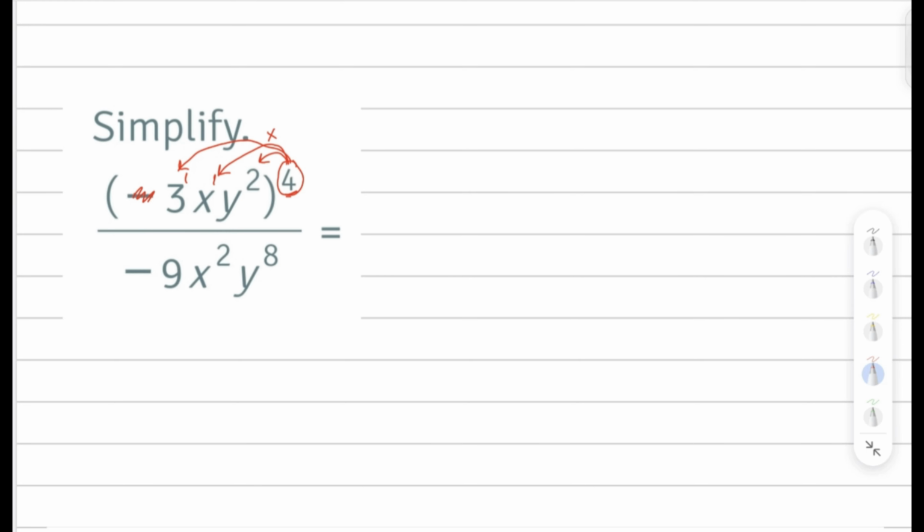Let's multiply. For the 3, 4 times 1 is 4. For the x, 4 times 1 is 4. For the y, 4 times 2 is 8. Divided by negative 9 x squared y to the power 8.